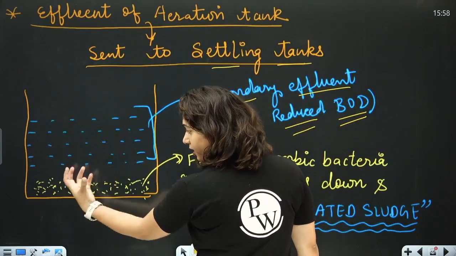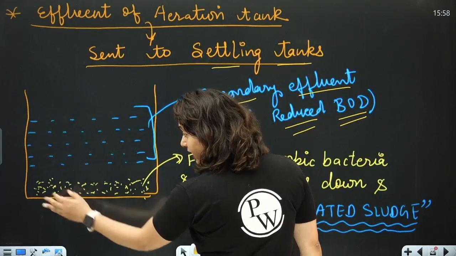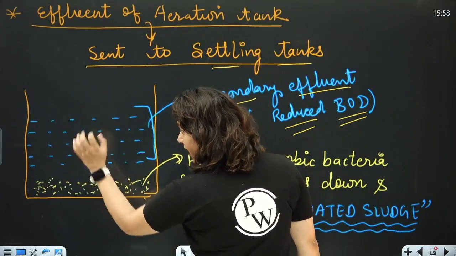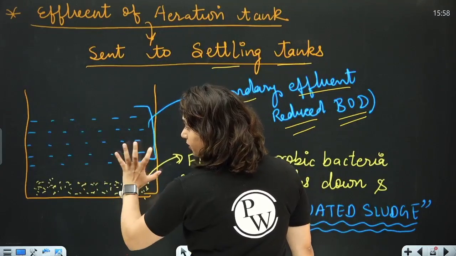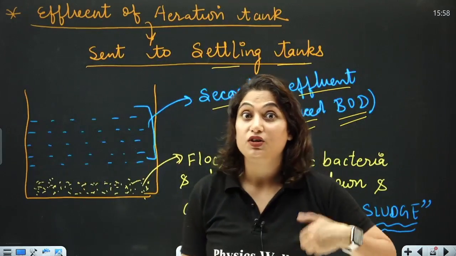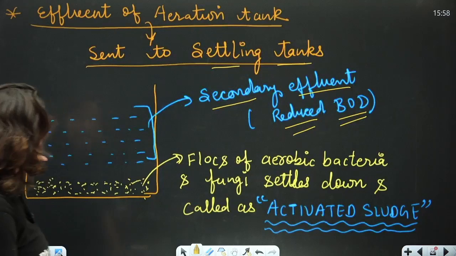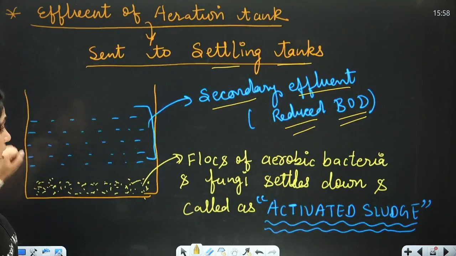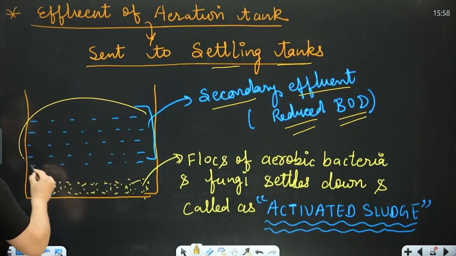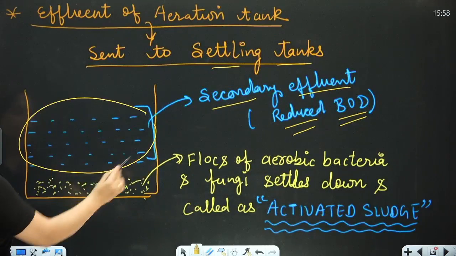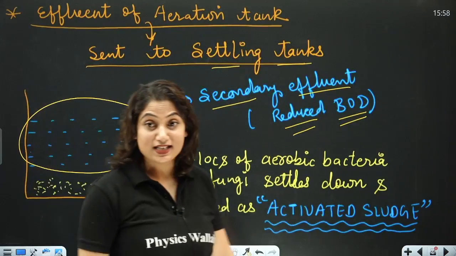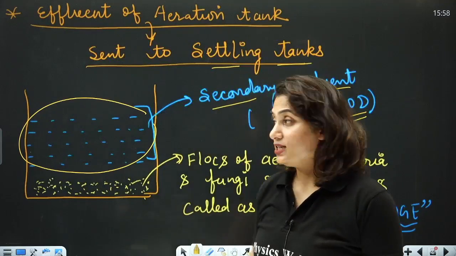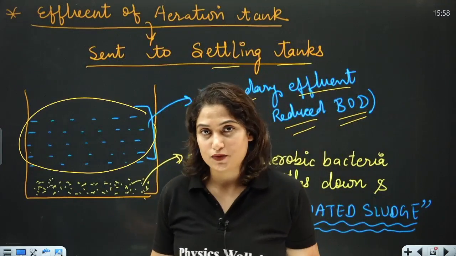The bacteria and the fungi settle at the bottom, and this is the secondary effluent, right? This is the water which has been treated now. So this is the secondary effluent, and obviously the BOD of the secondary effluent will be very less because the aerobic bacteria has removed organic impurities from it.